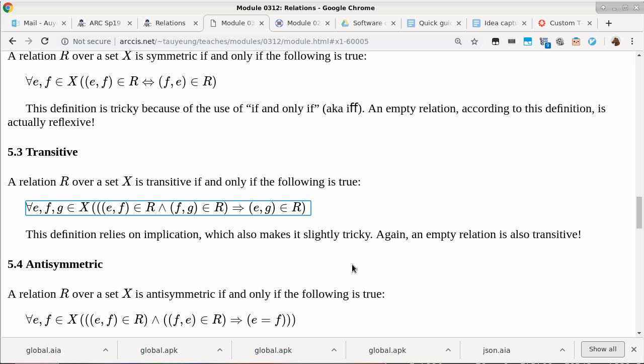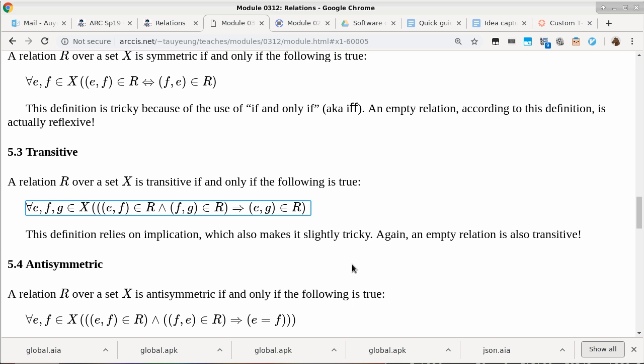AA is in R too. You cannot make it false. How do you make this thing false? When the left-hand side of the implication is true, but the right-hand side is false. So what you need to do now is to say, okay, we need different values, right?